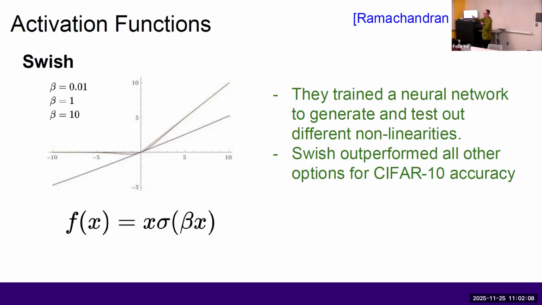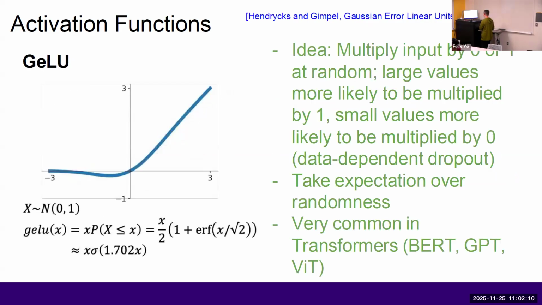It gets a little bit negative values on the negative domain, but it's not super negative. When it's positive, it always goes straight up. That means for the larger values it's more like multiplied by 1, and for small values more like multiplied by 0, like ReLU, right?